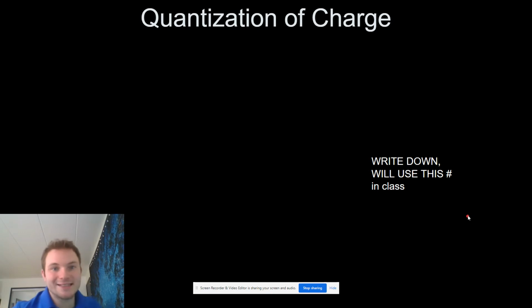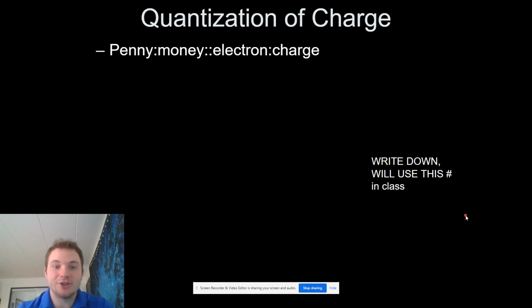So, quantization of charge. What this means is if I tell you something has like a +1 charge, that's one way we could talk about charge, or we can actually talk about how much charge it has. This is going to be measured in coulombs. So, for example, to tell how much money you have, you count by pennies.